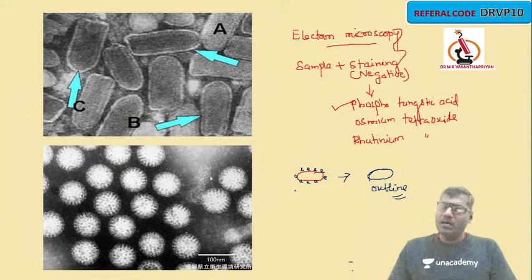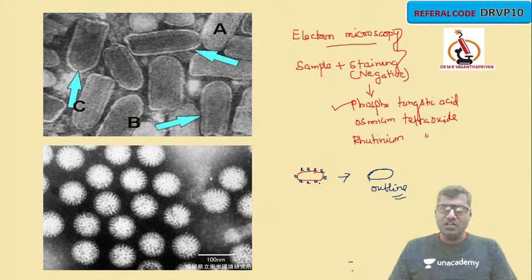That is one advantage, and at the same time it is a limitation: we cannot demonstrate the internal structures by electron microscopy. Once we release the electrons in the microscope, they are deposited on the surface, giving an effective outline of the microbial agent, so its morphology is effectively demonstrated.